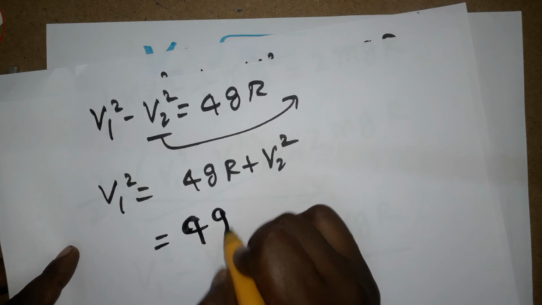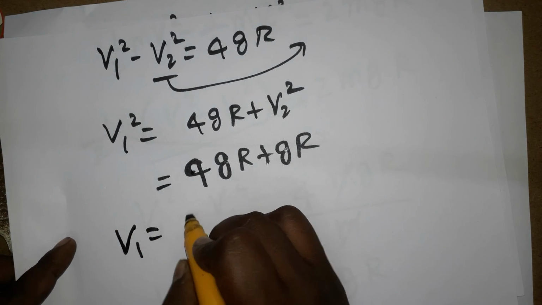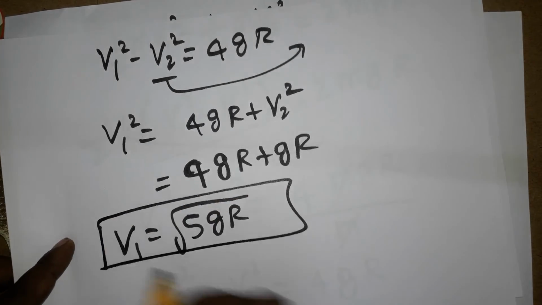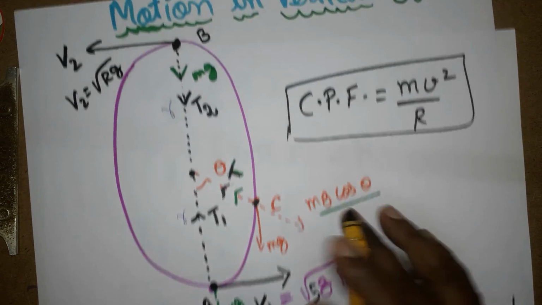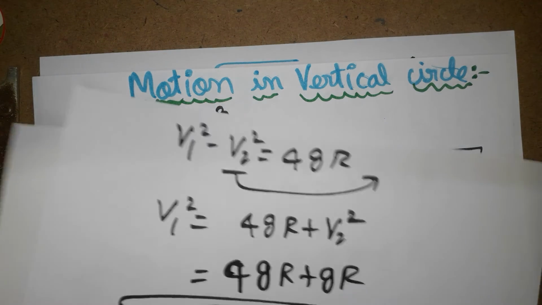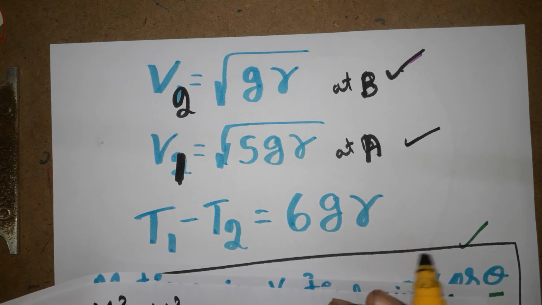So 4gr plus gr is 5gr, so v1 is equal to root of 5gr. So we got the v1 velocity at the point of A, root of 5gr, and the v2 velocity at the point of B, root of gr. We got both velocities v1 and v2 at the point of A and at the point of B.